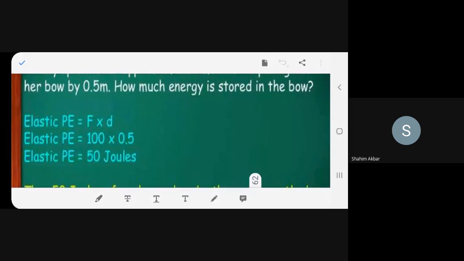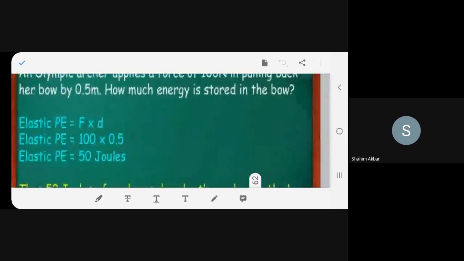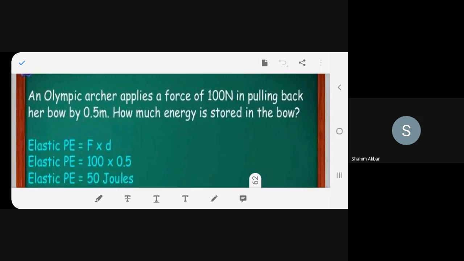Elastic potential energy is equal to 100 into 0.5. Elastic potential energy is equal to 50 joules. Thus, 50 joules of work was done by the archer on the bow, which will be transferred to the arrow when it is released. This is what we have learned. Any problem? No, ma'am.